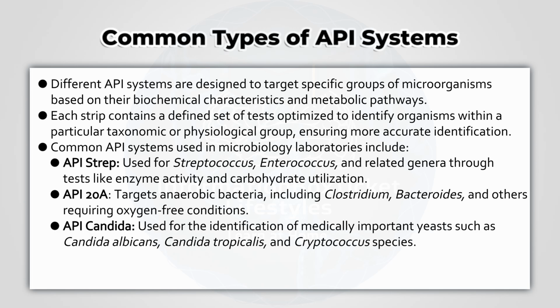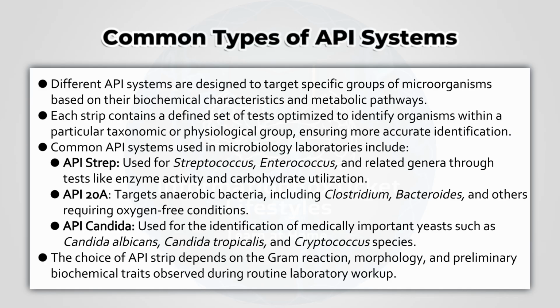API Candida, used for the identification of medically important yeasts such as Candida albicans, Candida tropicalis, and Cryptococcus species. The choice of API strip depends on the gram reaction, morphology, and preliminary biochemical traits observed during routine laboratory workup.